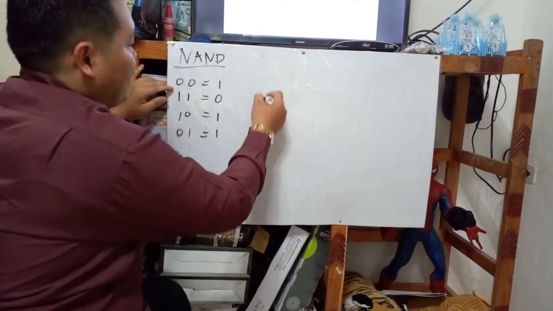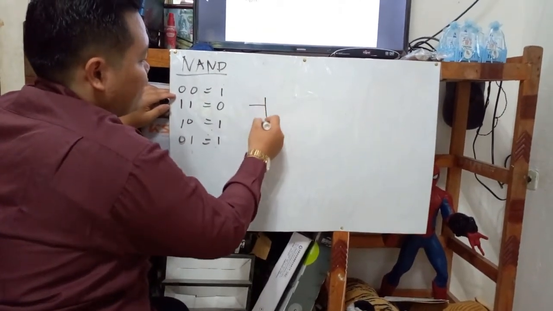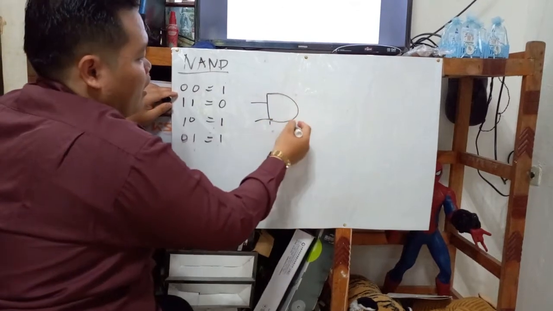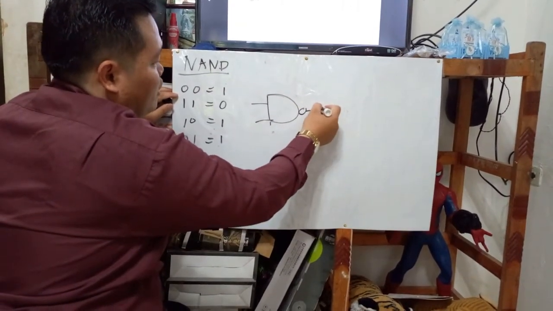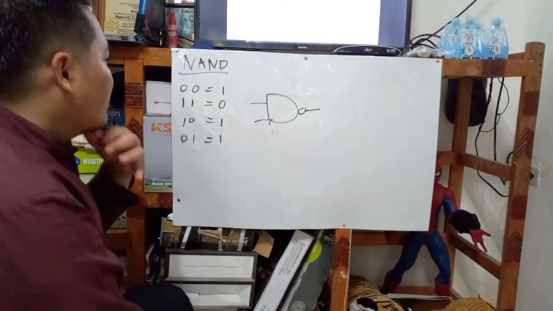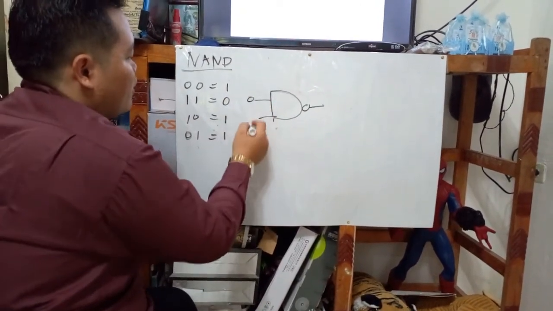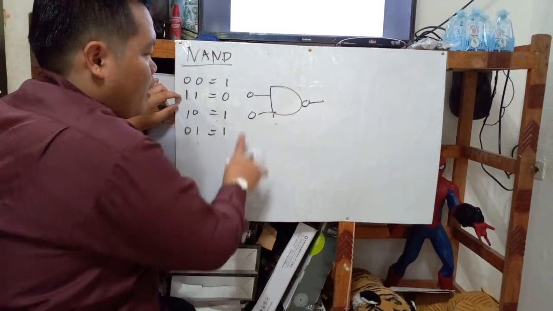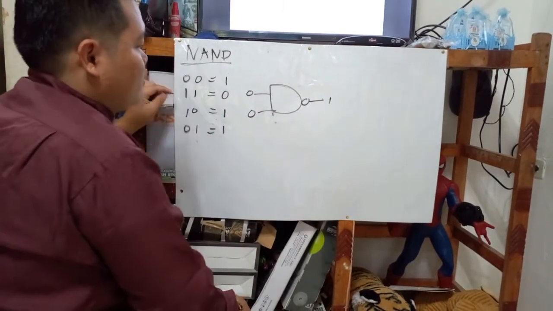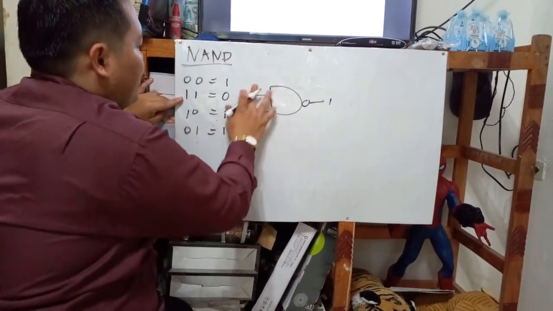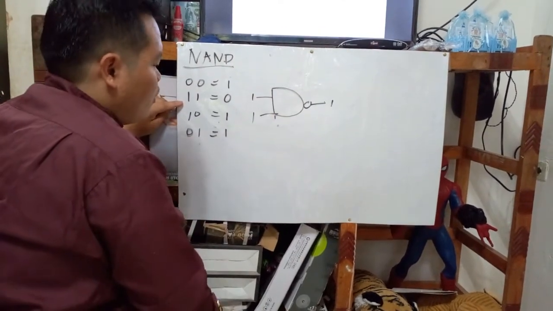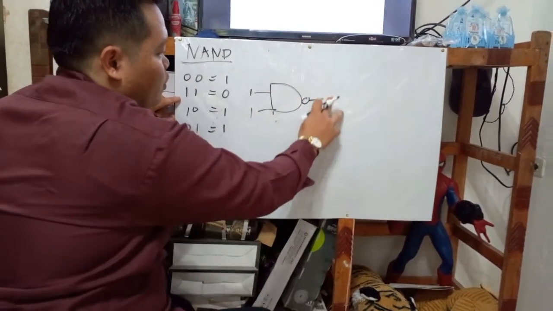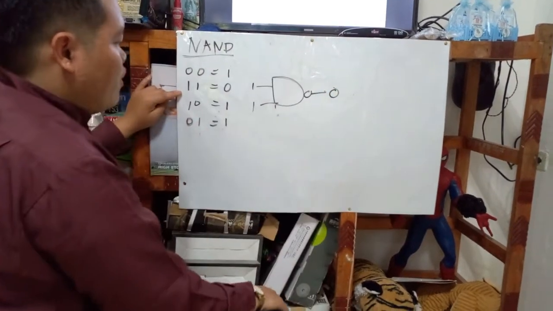So symbol for NAND is ana. So mao man ang AND na to, lahi lang gibutangan siya og NOT, para matawag siya og NAND. So therefore, if ang imong input is 0, 0, ang result niya is 1. Gibalik siya. If ang imong statement is all true or all 1, baliktad siya, mahimo siyang 0.